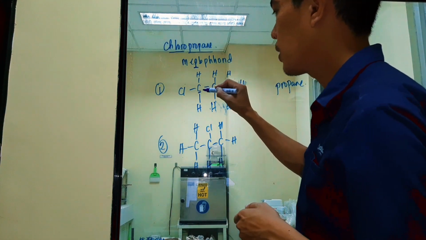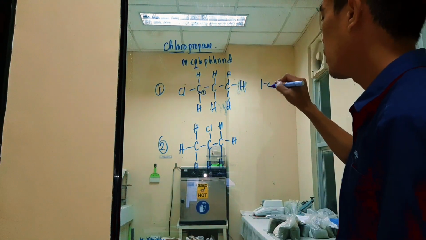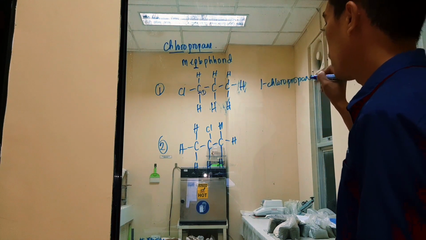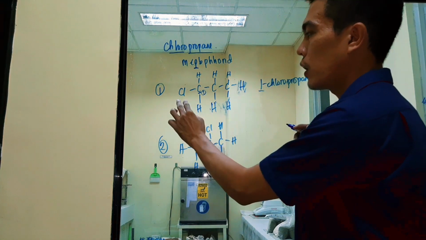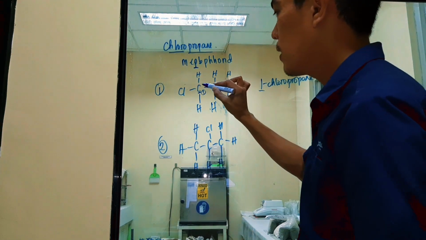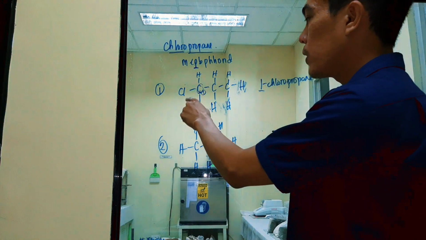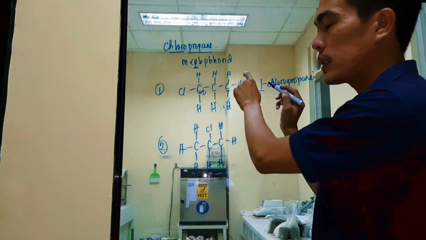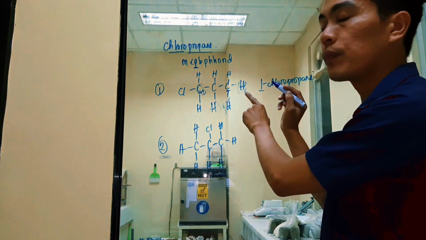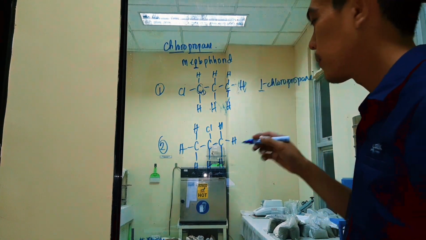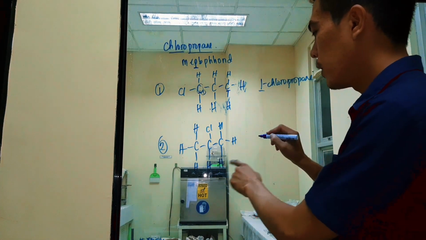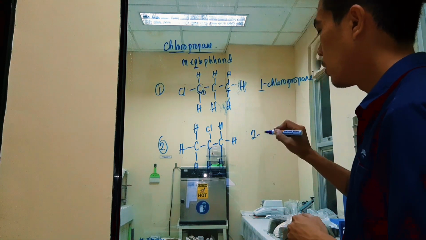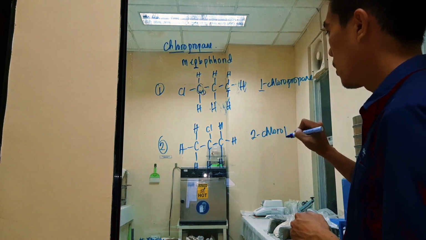So this will be our first carbon: 1-chloropropane, because the chlorine attachment is on the first carbon. You can also name it 1-chloro if you put the chlorine on this side of the isomer. The same thing. For this one, the chlorine is attached to the second carbon. So you name this 2-chloropropane.